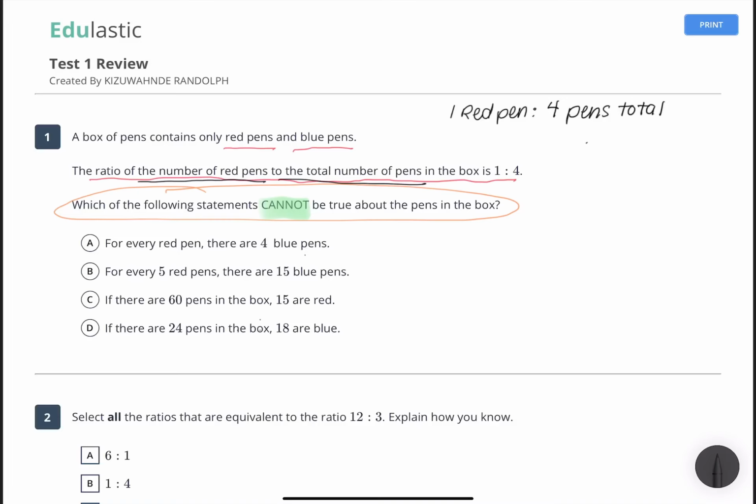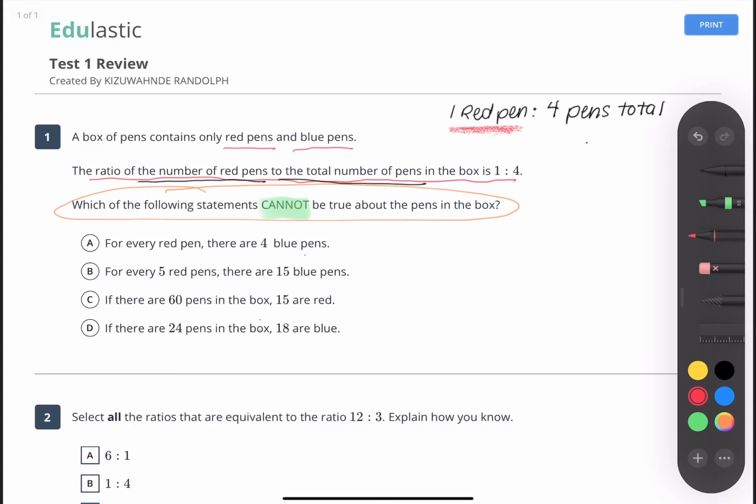So let's look at A. A says for every red pen, there are 4 blue pens. Looking at that ratio, it says 1 red pen to 4 pens total. It didn't say 4 blue pens, but how many blue pens would I have if I have 1 red pen?